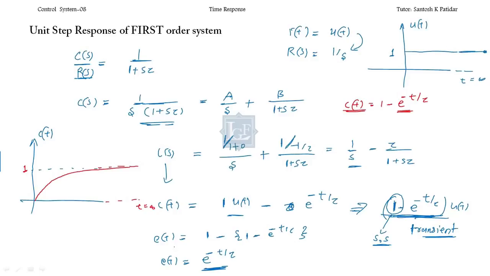Now for the unit ramp and for the unit parabola, directly I'll write the output. You can calculate the same thing. So for the unit ramp, you will get output c(t) equal to t minus tau times (1 minus e to the power minus t by tau).